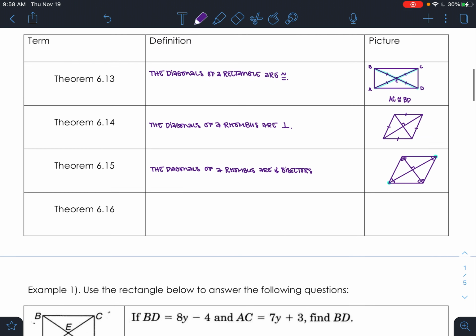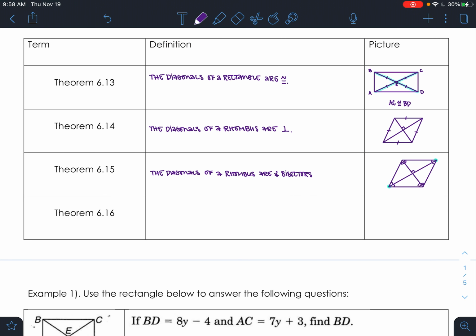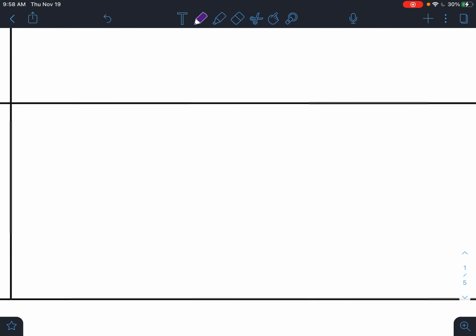That brings us now to Theorem 6.16, and this is all about squares. The cool thing about a square is it's actually the most special shape.